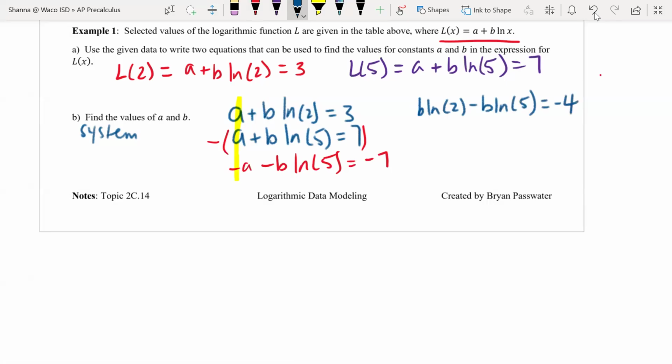Negative 4. Because they both have a B, I can factor out B. When I factor out B, I'm left with the natural log of 2 minus the natural log of 5 equals negative 4.